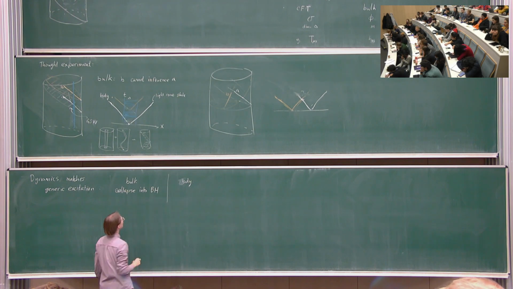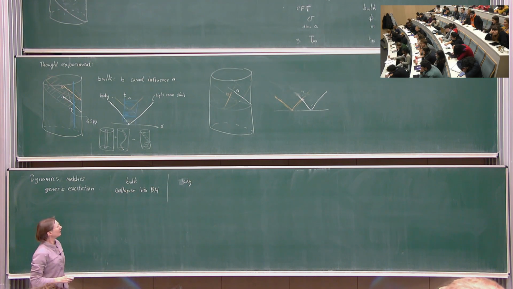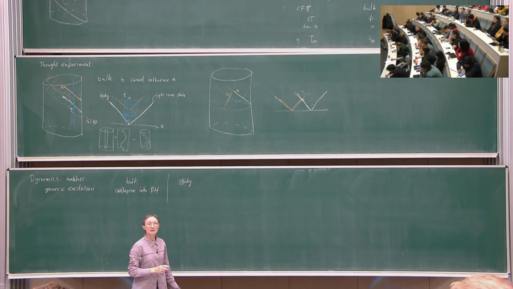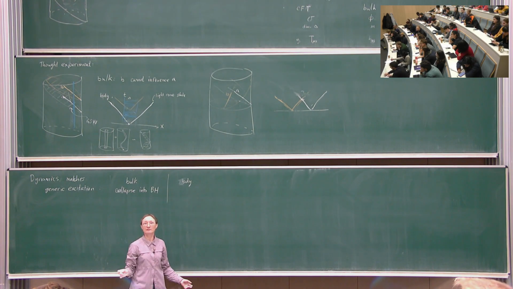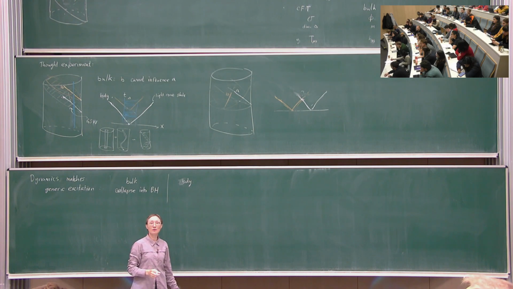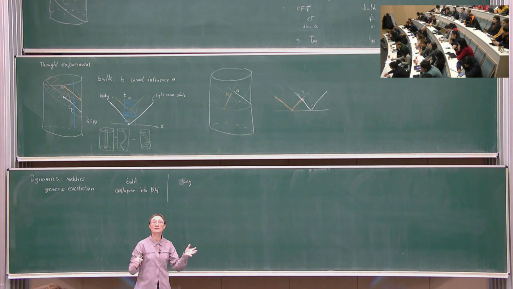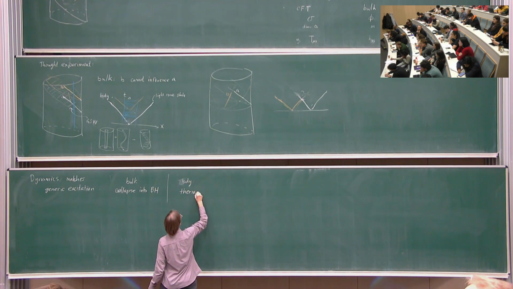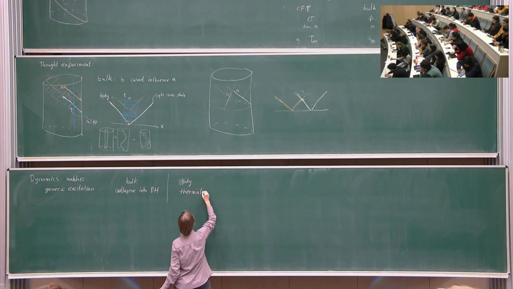Now, what happens on the boundary? On the boundary, we don't have gravity, so we can't have black hole collapse. But we have a strongly interacting field theory. And so any excitation you put in, generically, is just going to thermalize. And it's going to thermalize on the same time scale as the black hole collapse in the bulk.